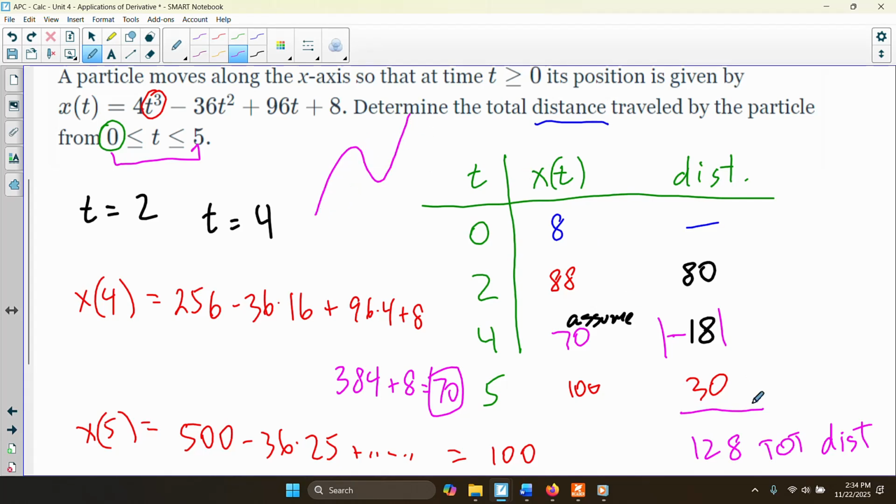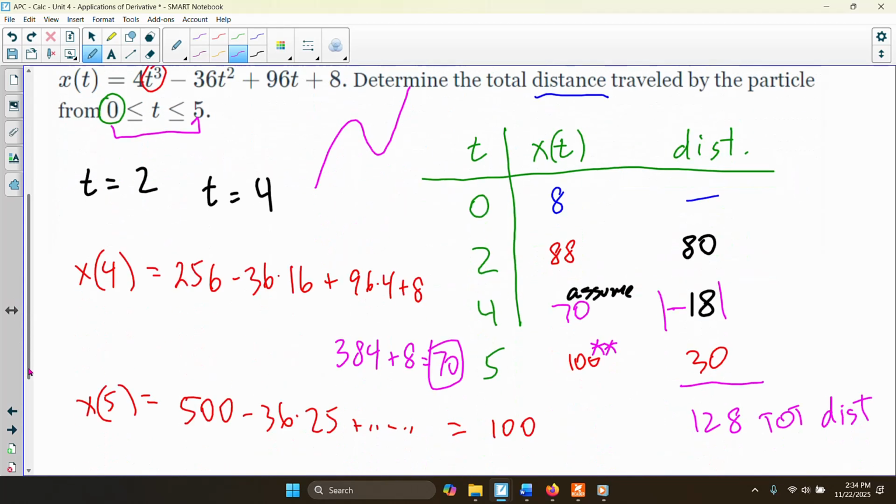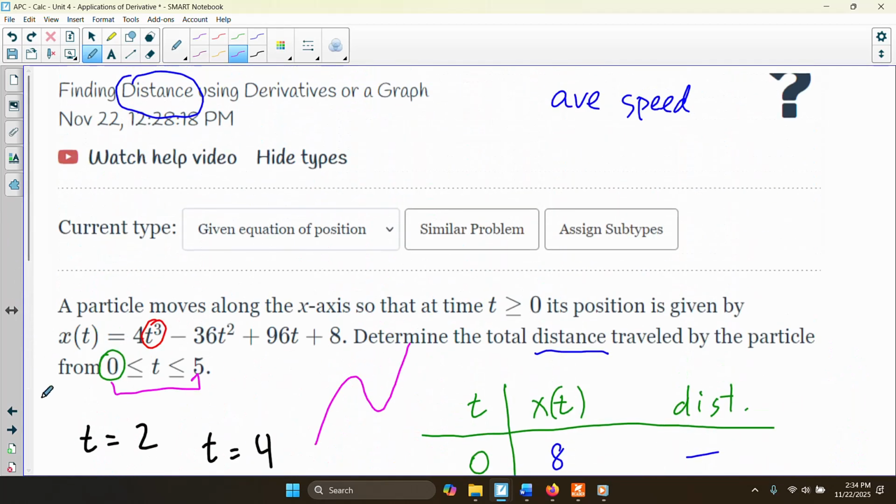So the total distance is 128. Again, I'm assuming these numbers only because I don't want to get bogged down with arithmetic, especially for the purposes of video and making a mistake. Anyway, if the distance is 128, that's a legitimate answer for this question.